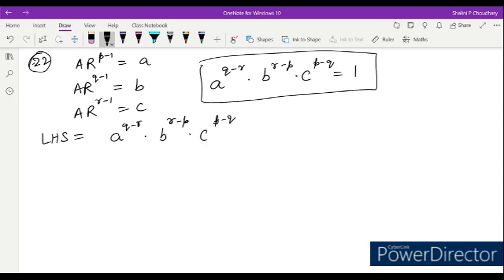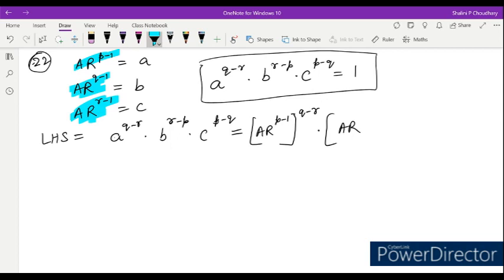Okay. So what we'll do now, we'll put the values of a, b and c. The value of a is A R to the power p minus 1, so that goes to the power q minus r. Instead of b we can write A R to the power q minus 1, and the power is r minus p.